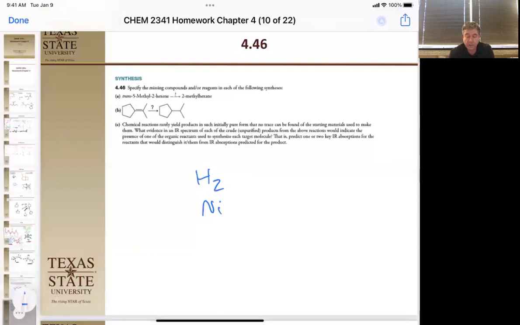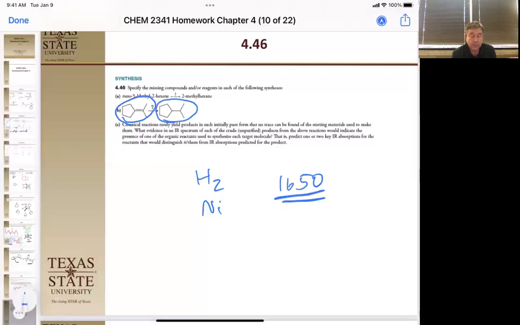And then our last question here is, the chemical reactions rarely yield products that are initially pure. What evidence by IR for each of the crude unpurified products from the above reactions would you be able to see? So basically, what's the difference between the starting material and the product? Well, both starting materials would have a peak right there around 1650 for that double bond.